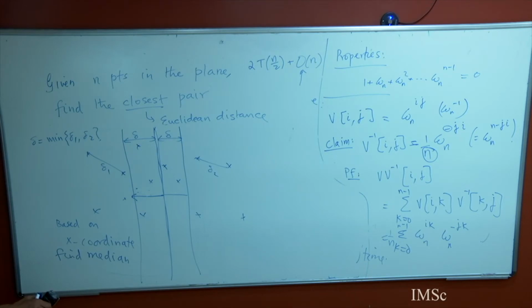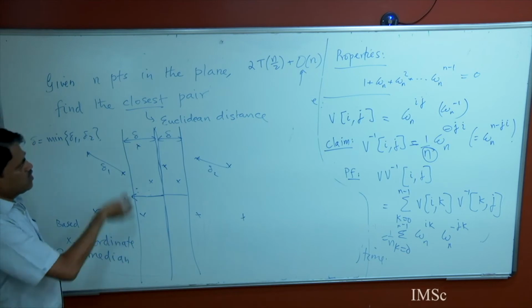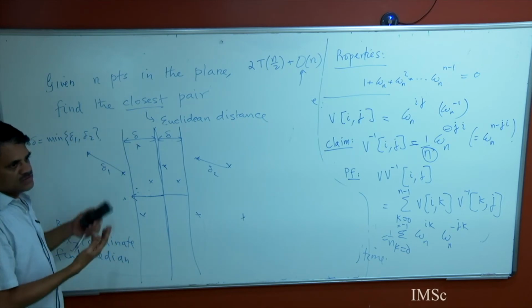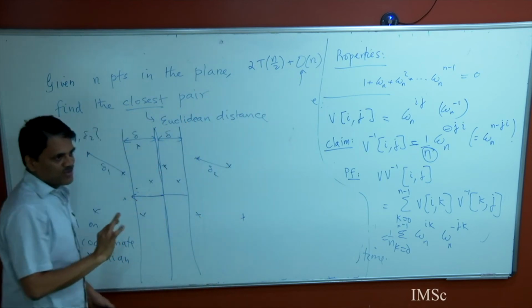Okay. Next observation is, now let's look at it in the y coordinate. So maybe we sort under the y coordinate. That's going to contribute to my n log n, but we'll worry about that later.